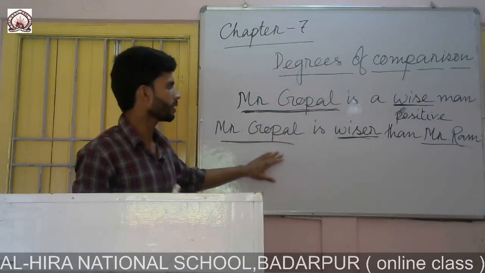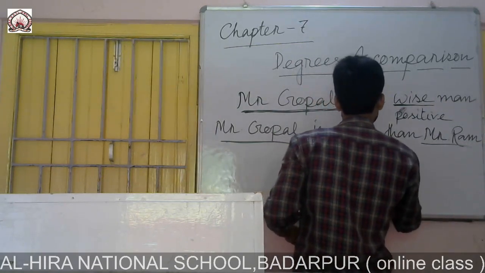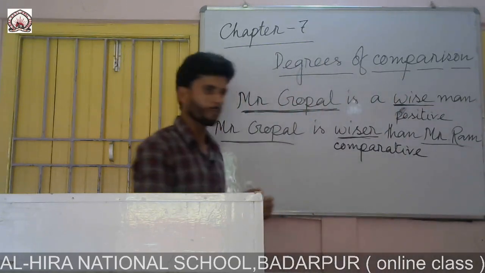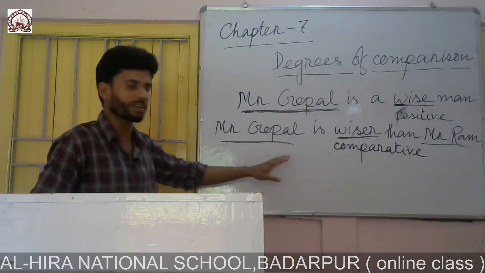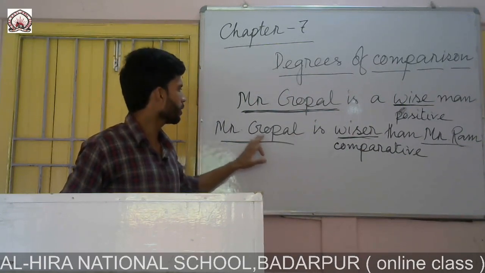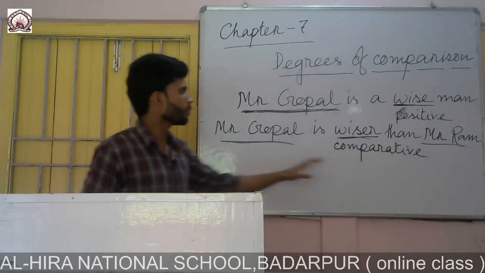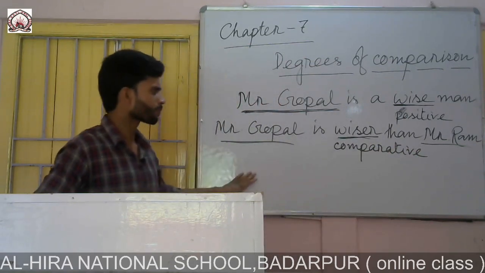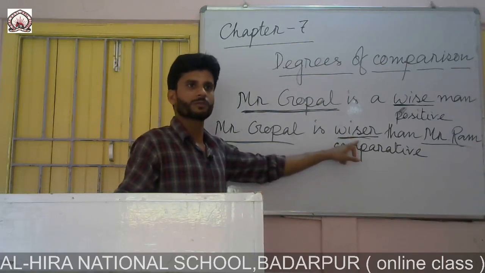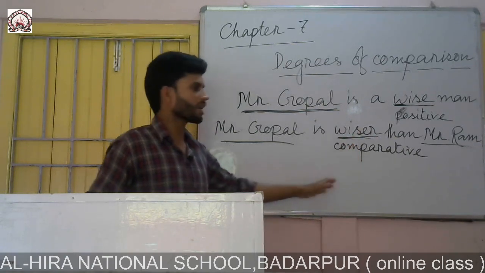Here in this case, when it is comparative, the word wiser is in comparative degree, and a comparison is being done between Mr. Gopal and Mr. Ram. Mr. Gopal and Mr. Ram are being compared here. So this word wiser is in comparative degree.